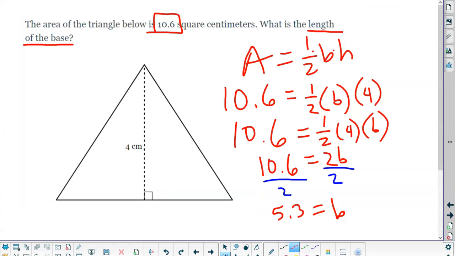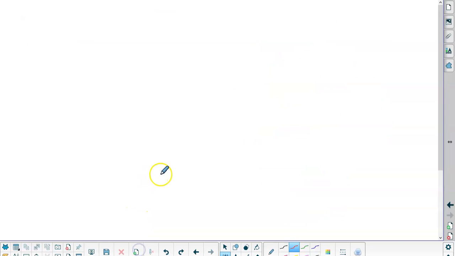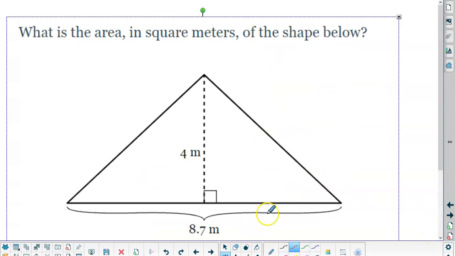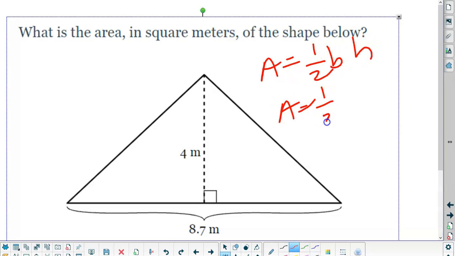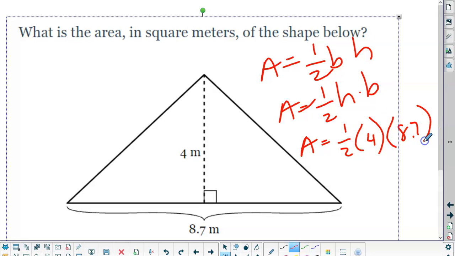So if I add this to my page here, and I want to do the area equals half the base times the height, I can also do area equals half the height times the base. So I could do 1/2 times 4 first, and then times 8.7.